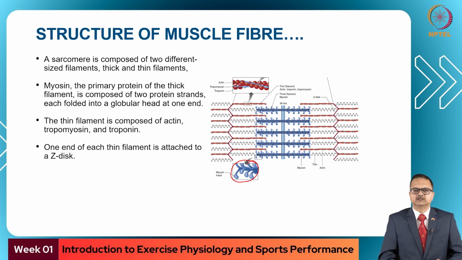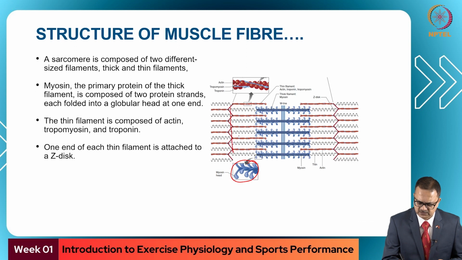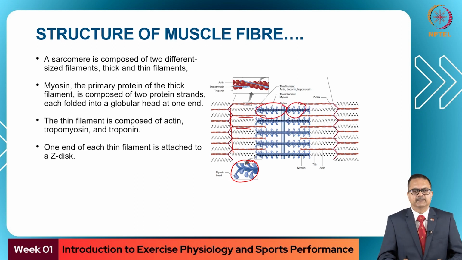The thin filament comprises actin, tropomyosin and troponin, and one end of each thin filament is attached to the Z disc. These are the thin filaments and they are attached to the Z disc. These are the thick filaments, they are not attached anywhere.